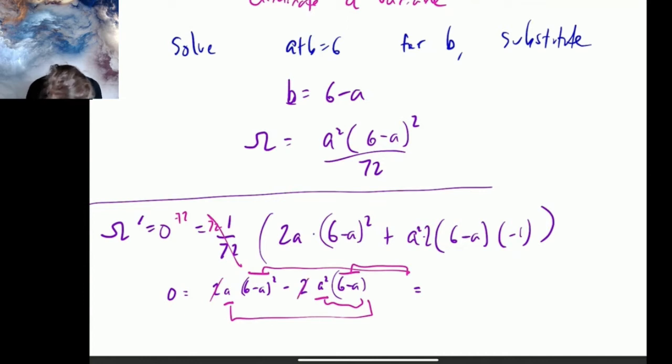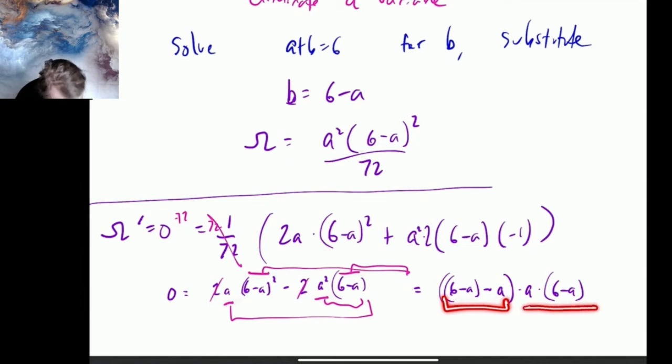So I have (6 minus a) as the leftover from the first term, and minus a as the leftover from the second term, times a times (6 minus a). Those are the leftovers, and these are the two things I factored out. And that's still equal to 0.